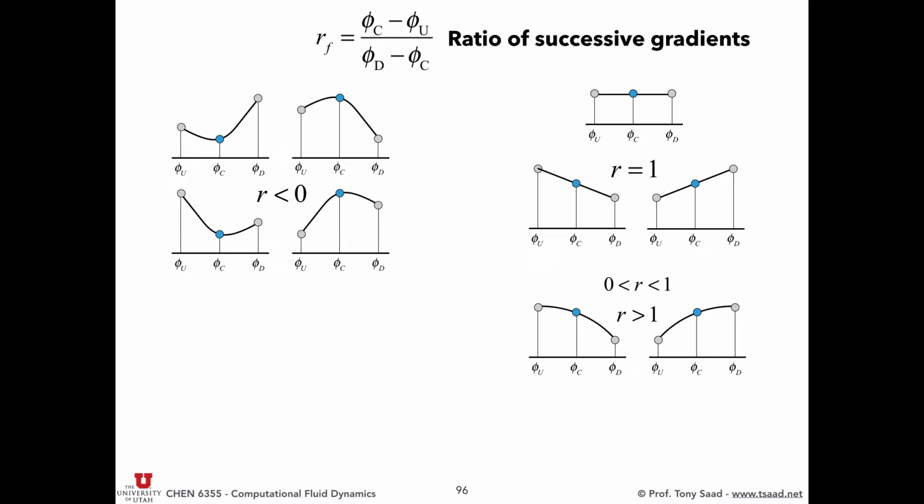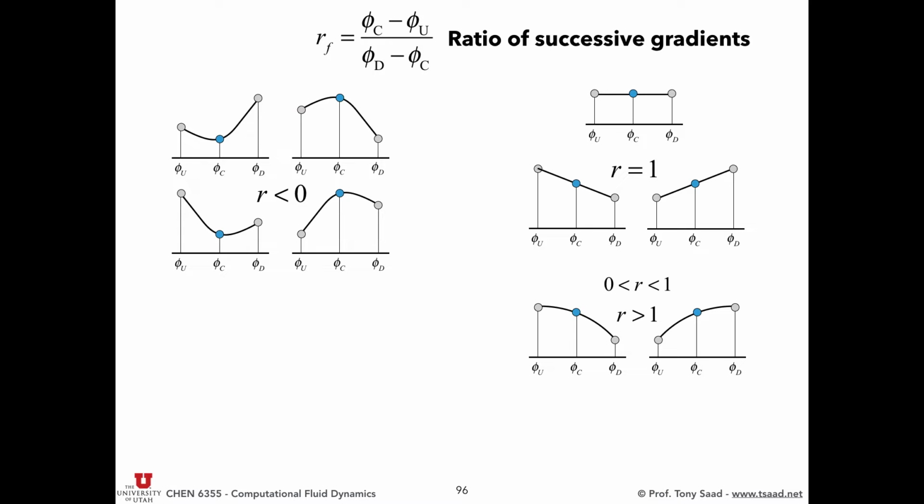The first one is when you have non-monotonic behavior: R is always negative. So in other words, when the slope changes sign, you are non-monotonic, right? You're going from positive to negative, you're non-monotonic around F, okay? F is right over here. So you're non-monotonic for R negative.